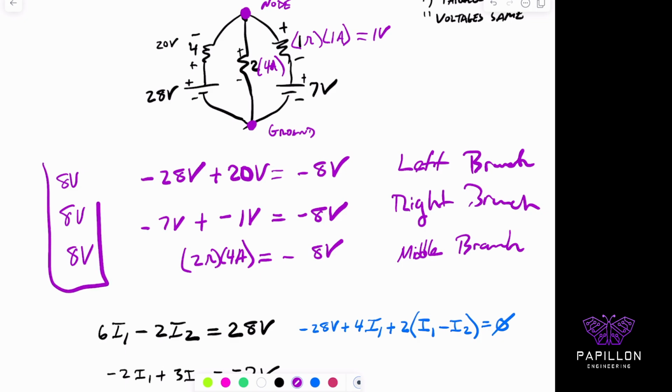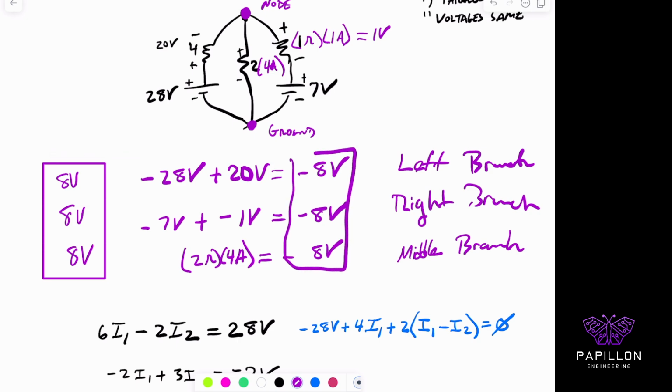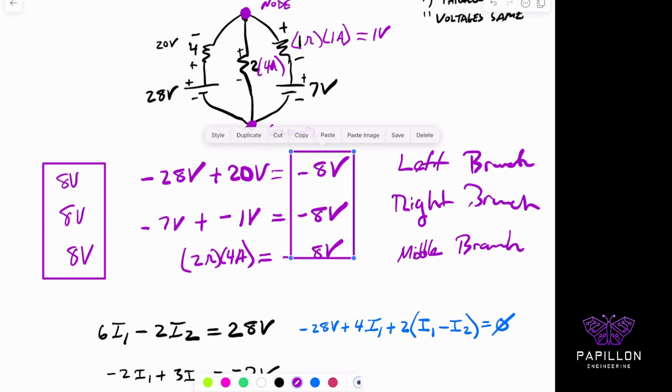For this problem, it might make more sense to use it from that direction, from the node down. But ultimately, it's just a potential difference. So depending on how you want to perceive the problem, either perception is fine, depending on what your professor or the textbook is asking you to solve. All right, hopefully that makes some sense.